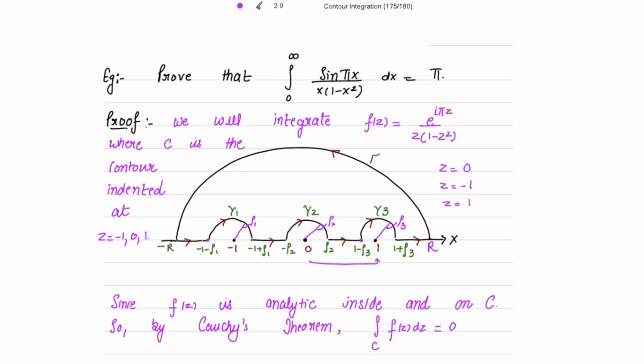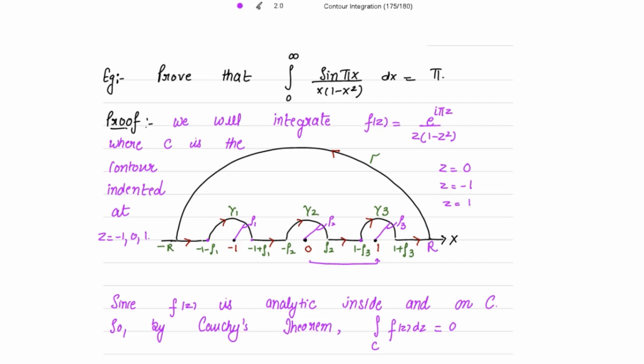Please always remember, whenever you are integrating along the real axis, you have to write the function in terms of x, and whenever you are integrating along the curves, that is gamma 1, gamma 2, gamma 3, you have to write the function in terms of z. And for tau also we have to write the function in terms of z.